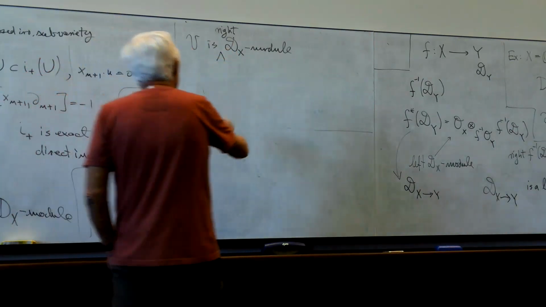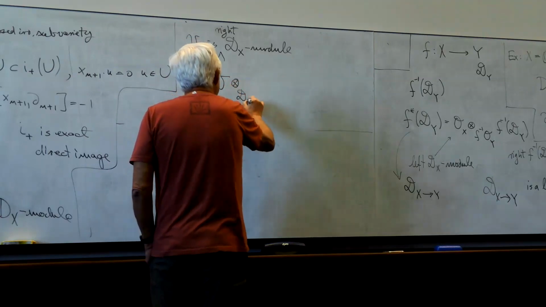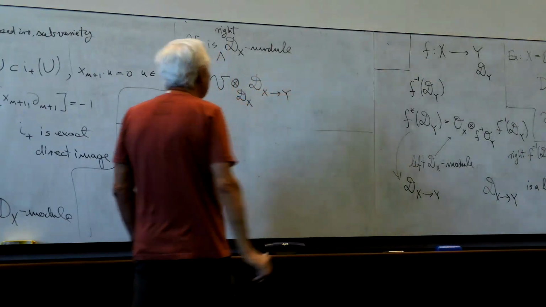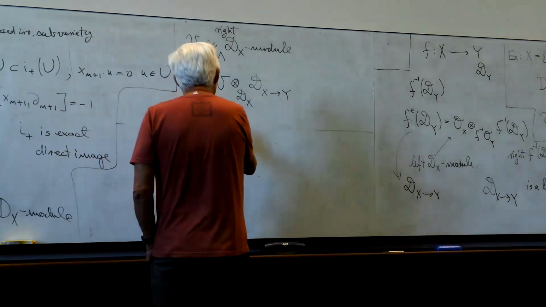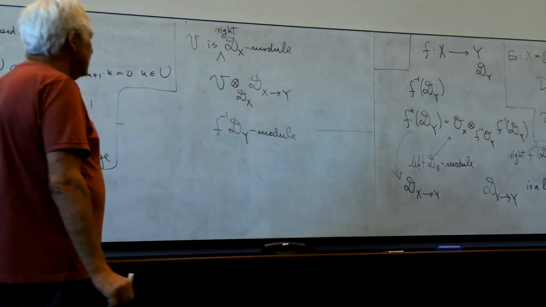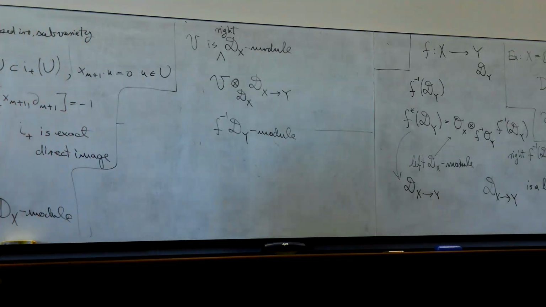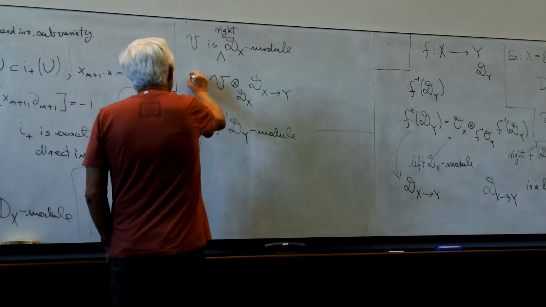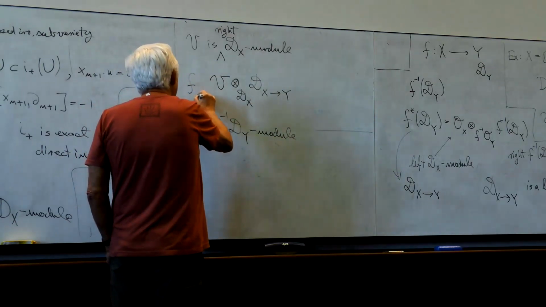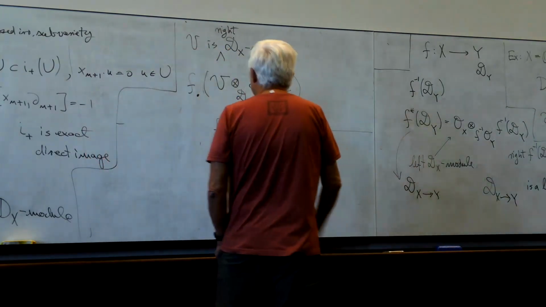If I have this, I can take V tensor over D_X with D_XY, and what I get is f inverse D_Y. Of course, it's on the wrong space. So the first idea is just to take the sheaf-theoretic image.